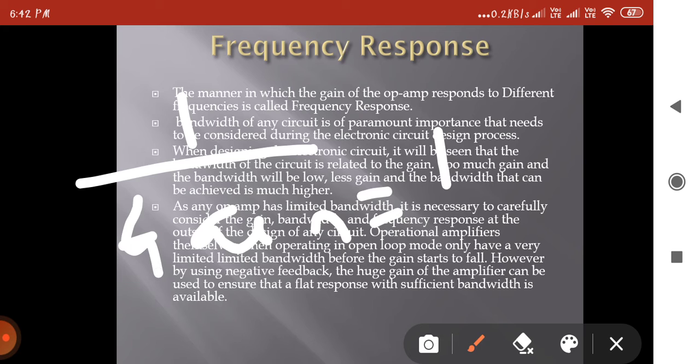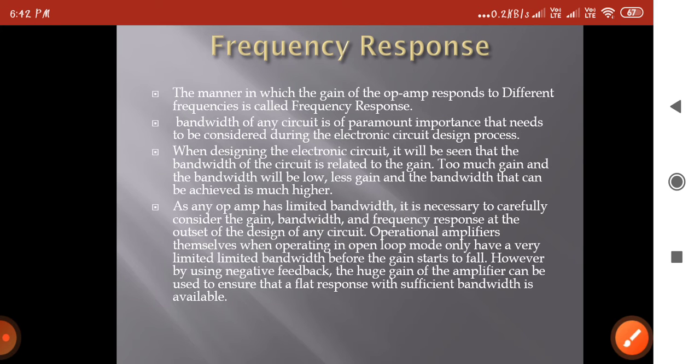This is a very important part of the frequency response.